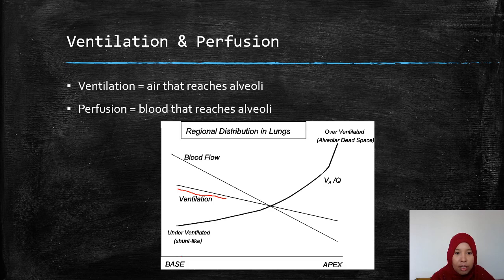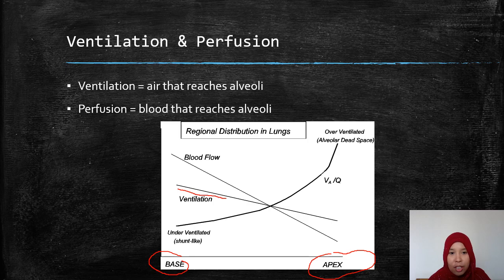This one is the base of the lung, and this is the apex of the lung, right? Base here means the bottom part of the lung, and the apex here is the top part of the lung. If you imagine the lung in an upright position, you have a higher ventilation in the base, and a lower ventilation at the apex of the lung.